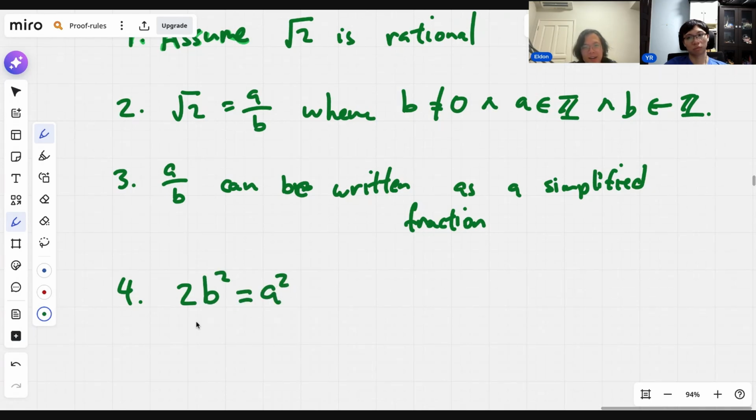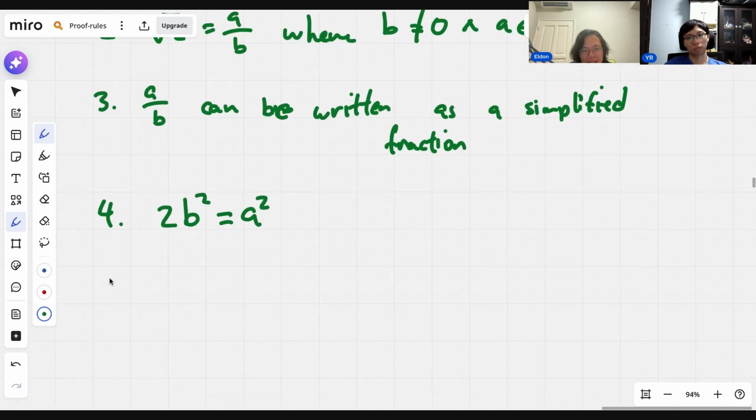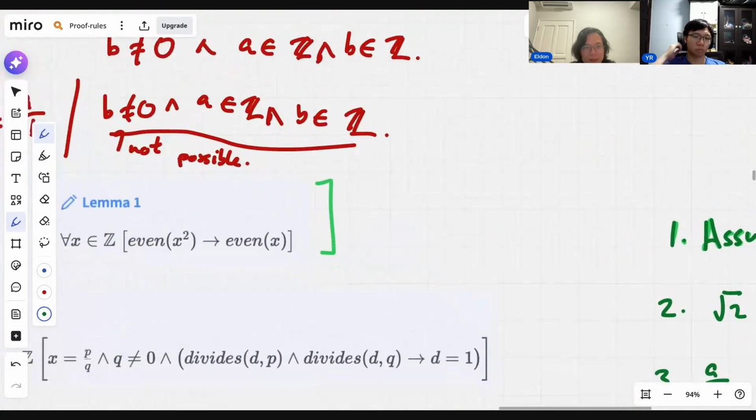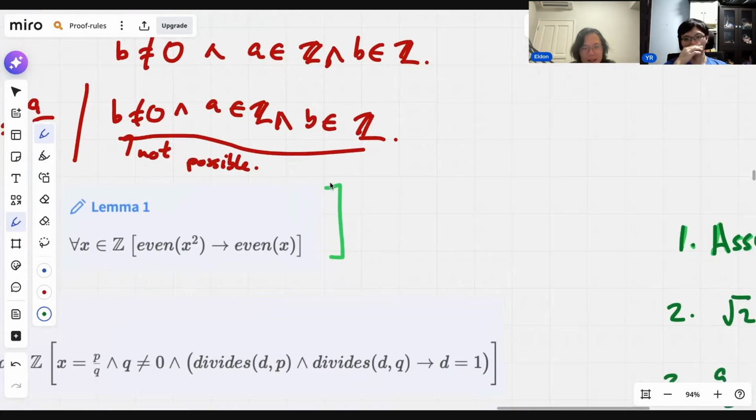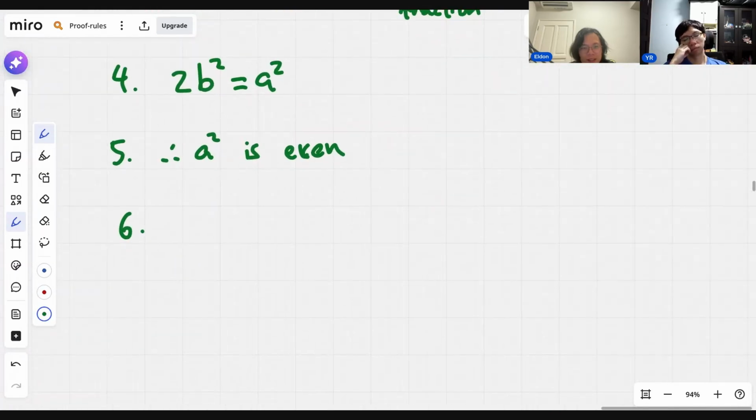And then what they'll say is that, well, this means therefore a squared is even. And because a squared is even, we're going to apply this lemma that we proved in the previous video. So because a squared is even, we now say that a is even, which means a can be written as 2t.